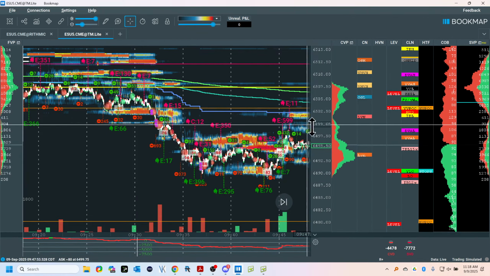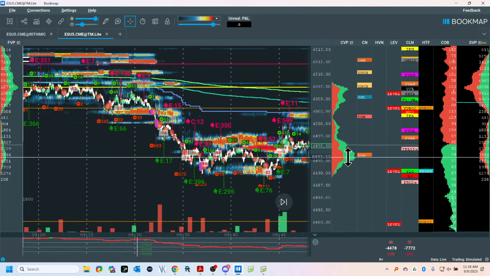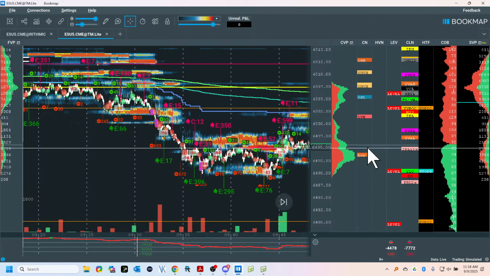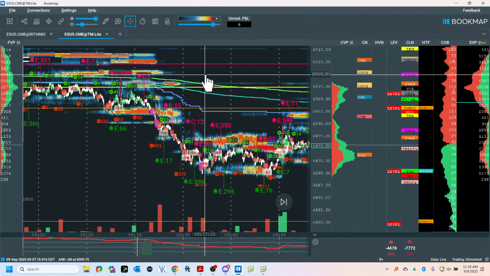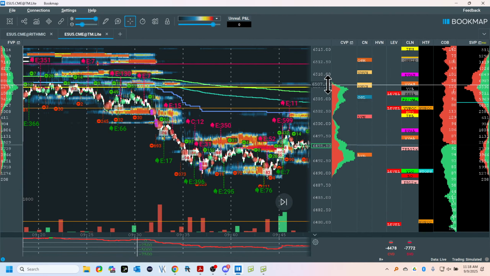So this high volume node that's created by this is the same as these variable high volume nodes or the VPOCs or that or this. They're all high volume. So if I find an outside edge and I have the IB, which is here, I can then, if I come back here, I can sell this to come there. That's the trade. That's all it is.